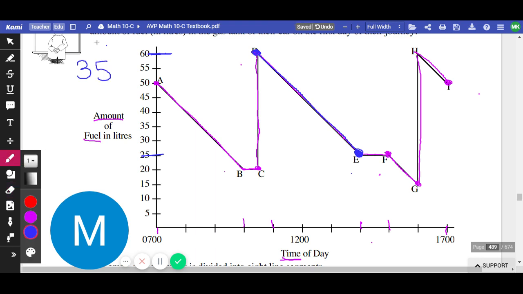Then you're going to divide it by however long you were driving in that amount of time. So if I used 35 liters of fuel and it took me, looking at time, from there to there, that's 1, 2, 3 hours, I would go 35 divided by 3. And that would tell me my rate of fuel consumption. 11.666?